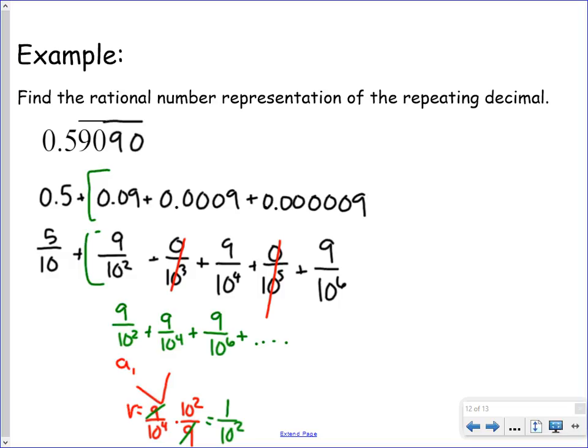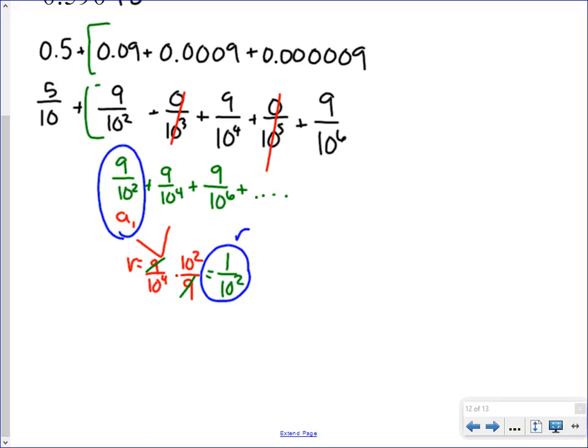Okay, so what I did right there was I identified my first term, I identified my ratio, and this series goes on forever because it's a repeating decimal. So what I want to do with this whole chunk right here, all the way from 9 over 10 squared, and this just keeps going, okay, is I want to calculate the sum of the infinite series.